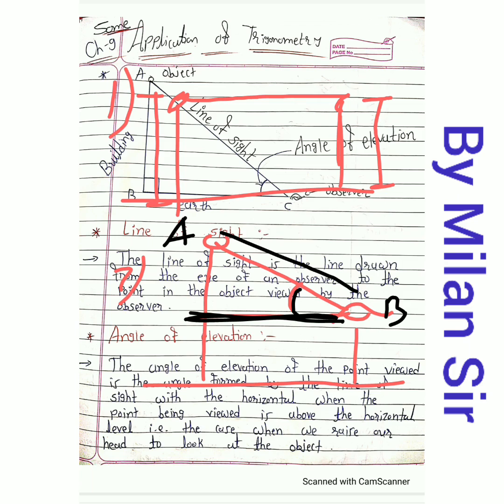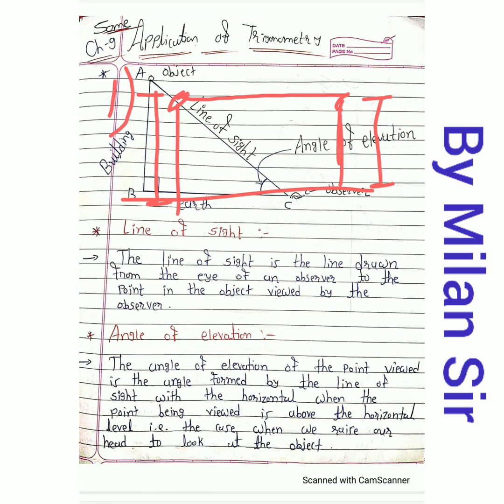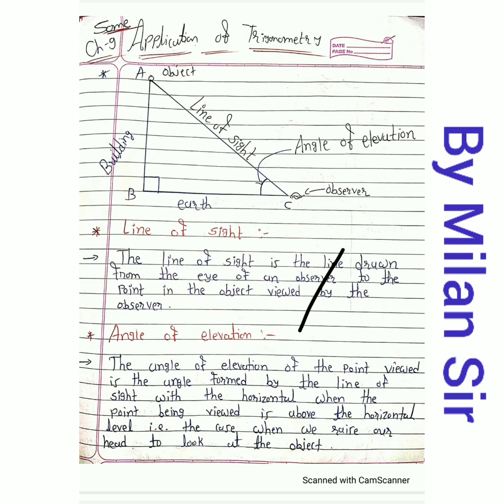It is called angle of elevation because in this type of situation we need to raise our head, right? In this situation, whatever angle is created with the horizontal is called the angle of elevation. So here one definition is written for angle of elevation.